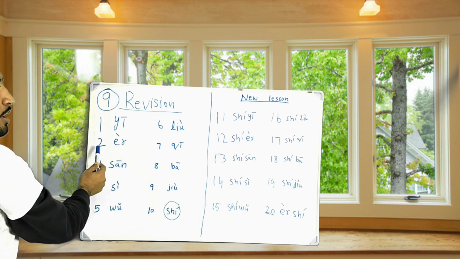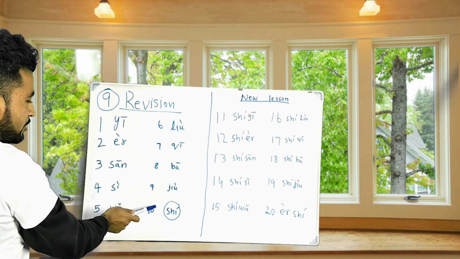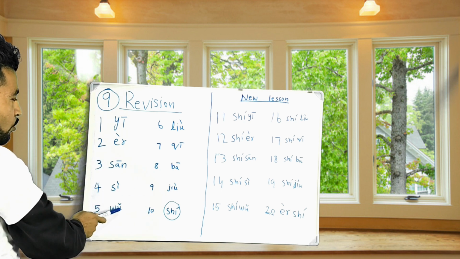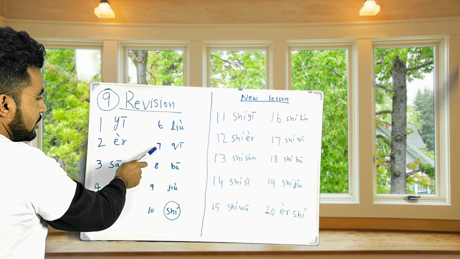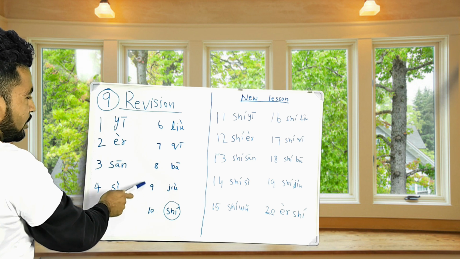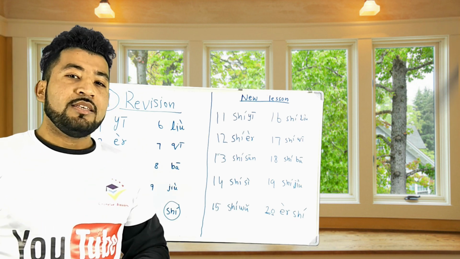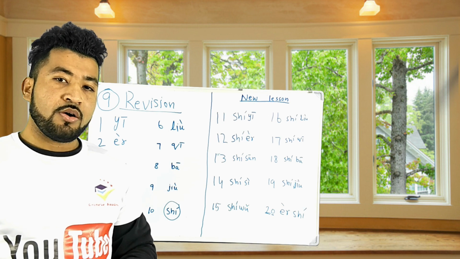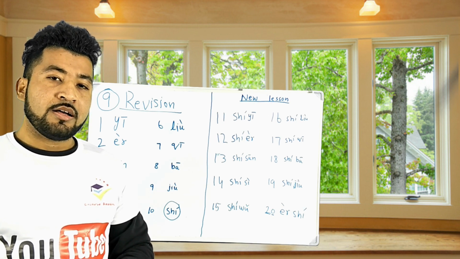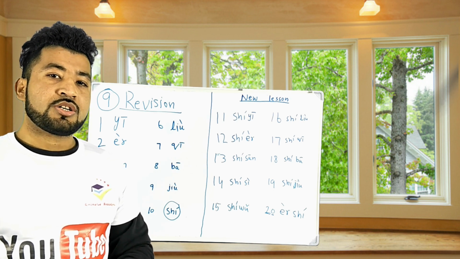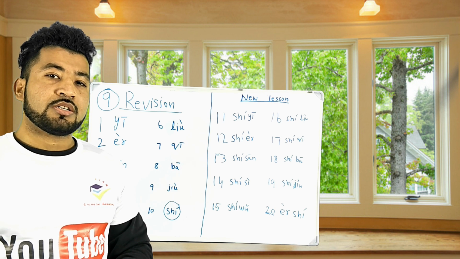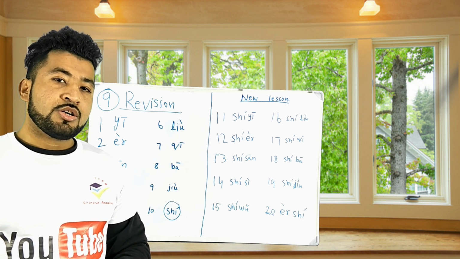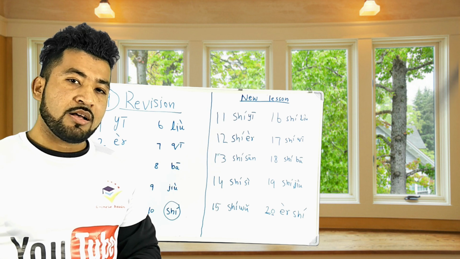Okay, 2 we speak er and shi, er, shi, yi, shi, er, shi, san, shi, si, shi, wu, shi, liu, shi, qi, shi, ba, shi, jiu, er, shi, yi, er, san, si, wu, liu, qi, 8 9 10 11 12 13 14 15 16 17 18 19 20.